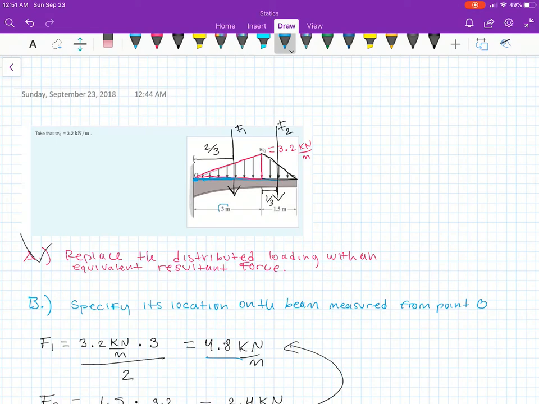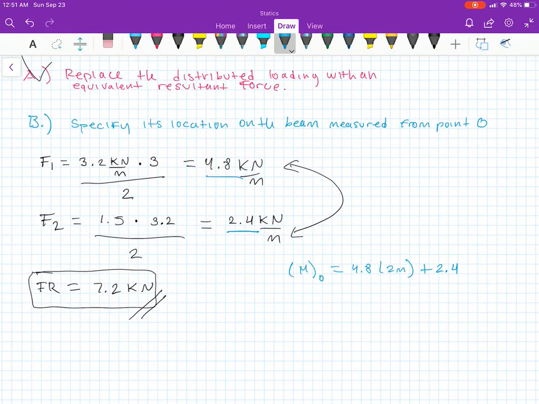So it's 3 plus the 1/3 of 1.5, which is 3.5 meters. And that should give us a solid 18. Yep, 18 kilonewton meter.